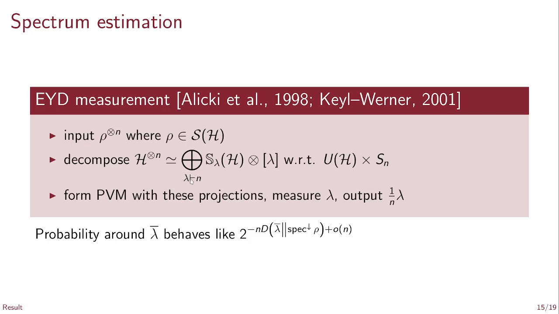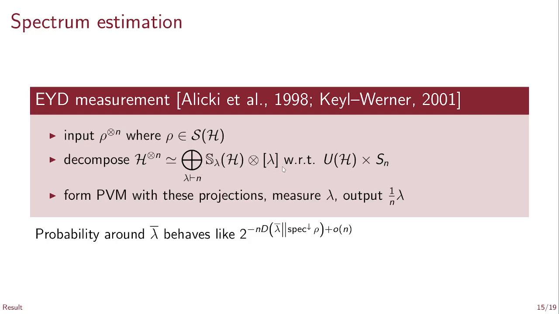So decreasing vectors of non-negative numbers summing to n. And these parameterize the isotypic components for this decomposition into irreducibles. So these are irreducible representations of these groups.